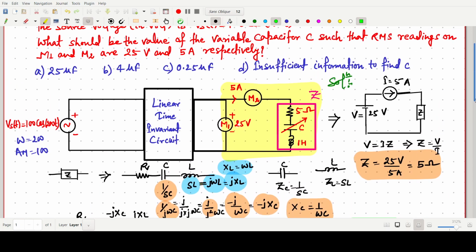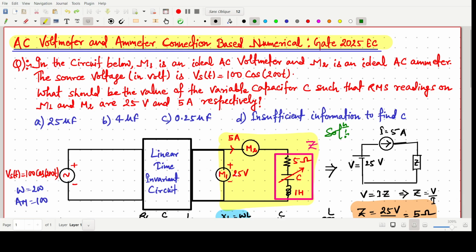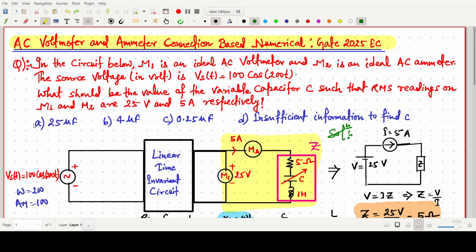Okay, so our correct answer for this one will be 25 microfarad. Is it okay? 25 microfarad is the answer.